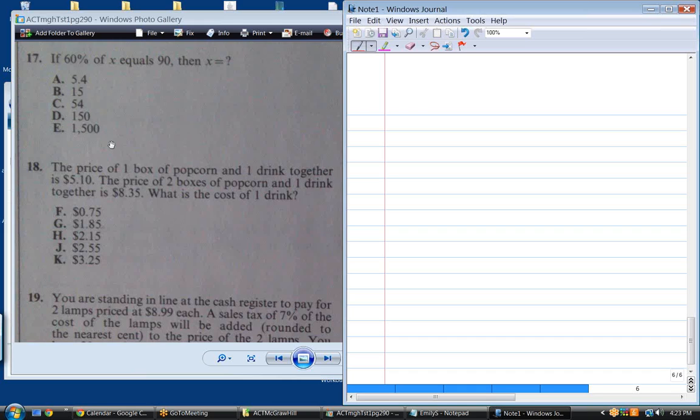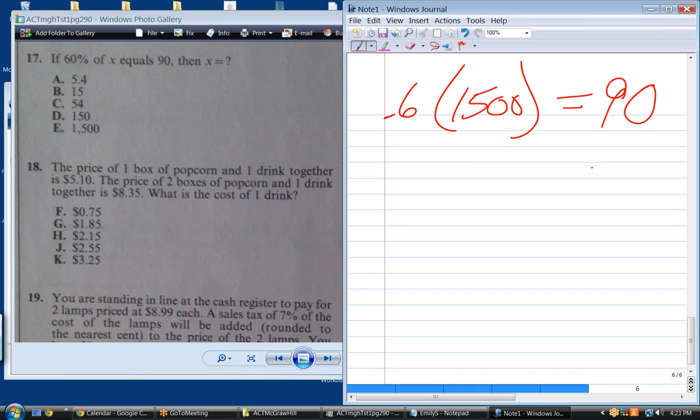So let's start from the top. Is 60% of 1,500 equal to 90? No. 60% is greater than half. Well, half of that's 750, so it's clearly no. That doesn't work. So therefore, 1,500 is not an answer.